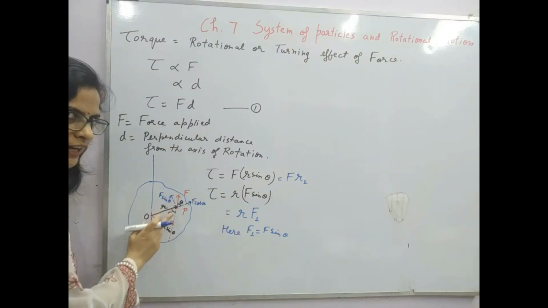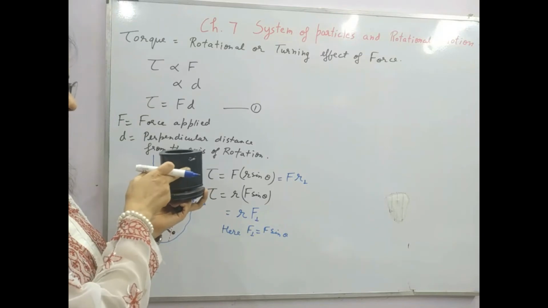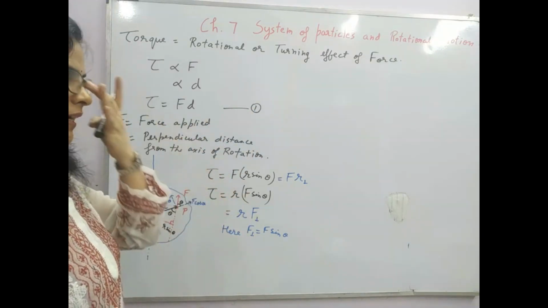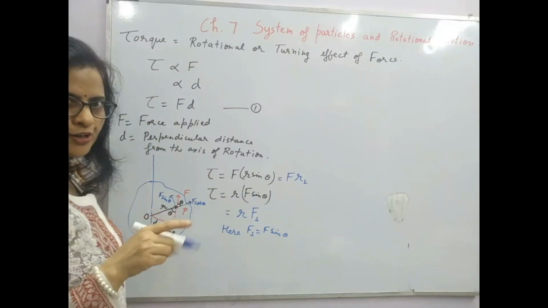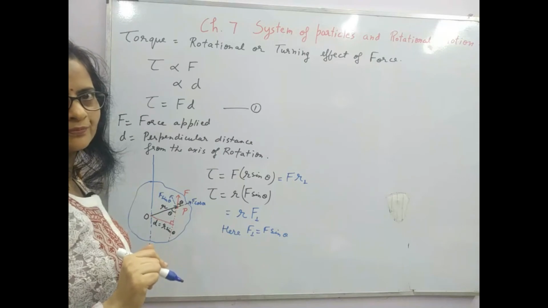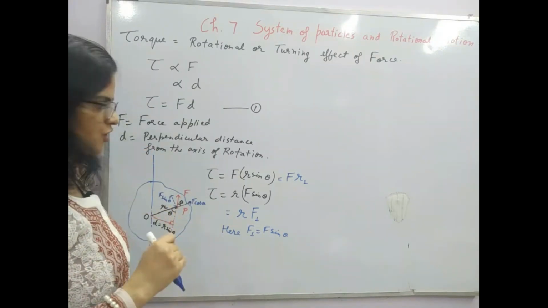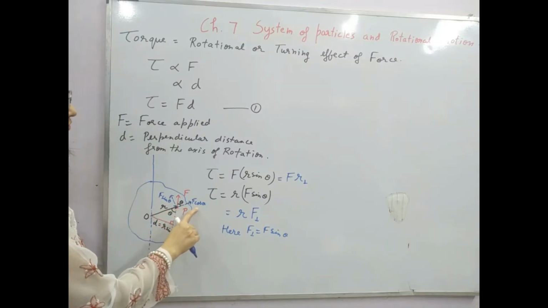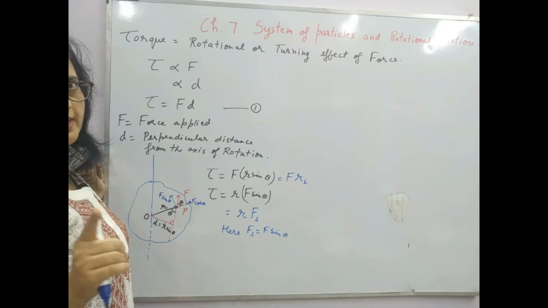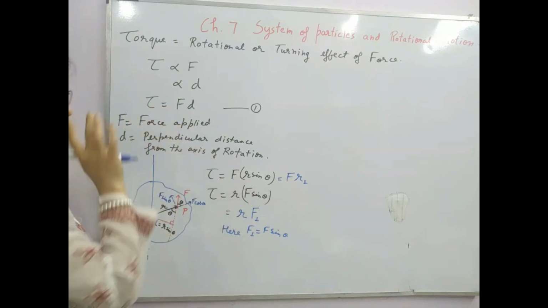We are applying oblique force here. I did not apply a perpendicular force here, I had applied an oblique force. As I had demonstrated in the case of the door, if we apply an oblique force, then only the perpendicular component will result in rotation of the door. We know that if we apply a parallel force, it will not result in any rotation. Similarly, f cos theta, which is the parallel component with the position vector, will not result in rotation, but this perpendicular component will result in rotation effect, right?